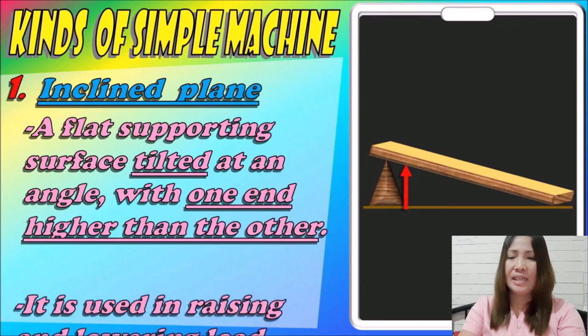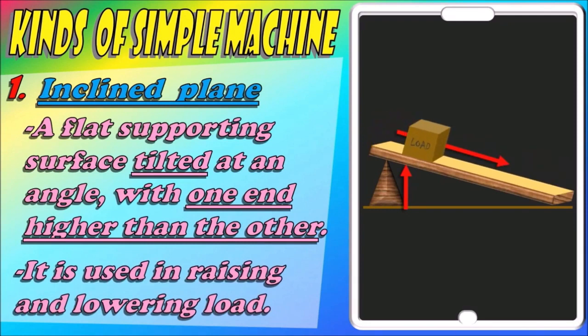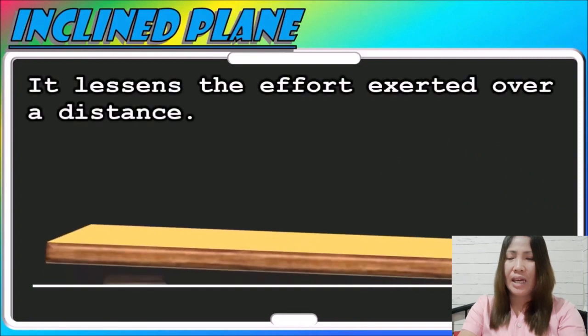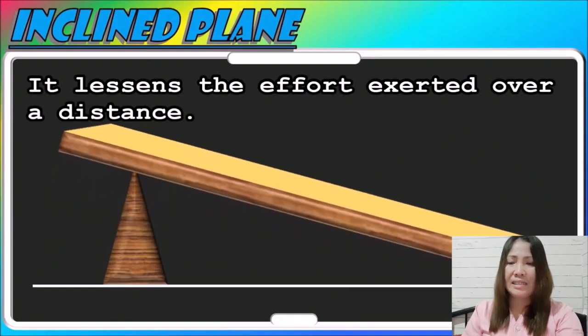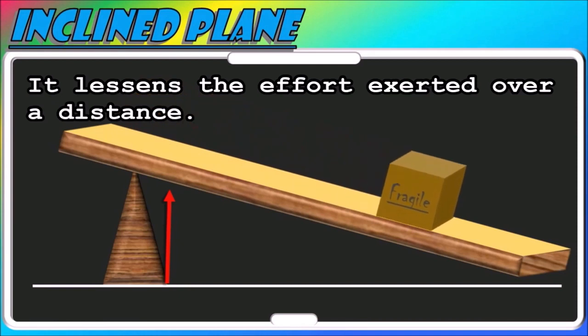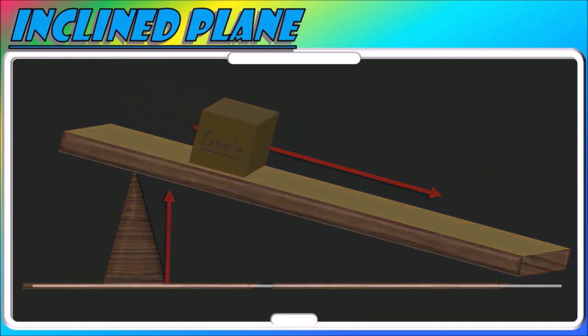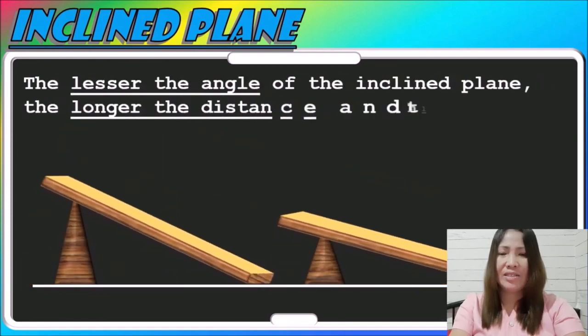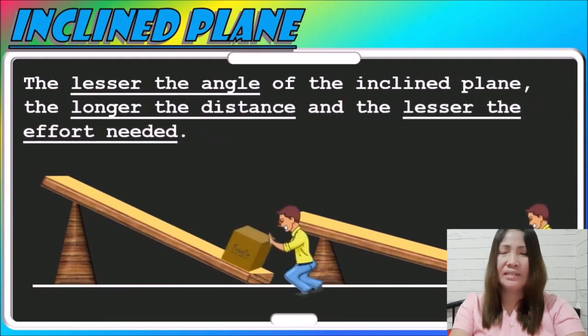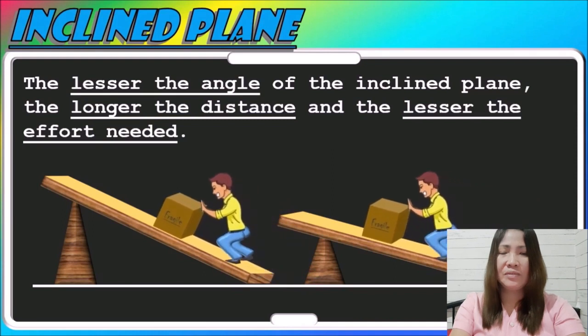It is used in raising and lowering loads. An inclined plane lessens the effort exerted over a distance. Observe closely the two pictures. The lesser the angle of the inclined plane, the longer the distance, and the lesser the effort needed.